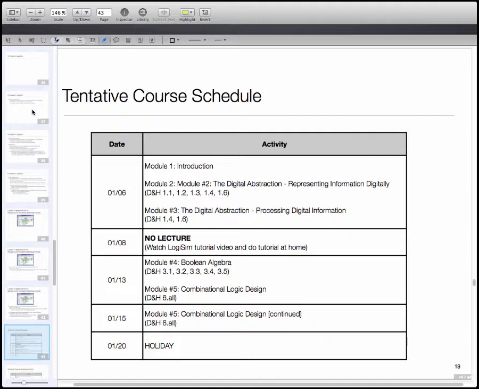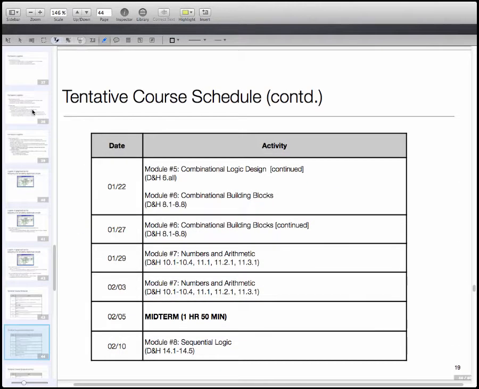A good way for you to make use of the next lecture slot might be to go through the Logisim material and take care of that. I've outlined the rough plan based on what I had done last time around, so hopefully I'll be able to hew pretty close to it. The midterm is on February 5th. It will be proctored by the TAs, but I'll hold a review session the evening before for you to go over it.